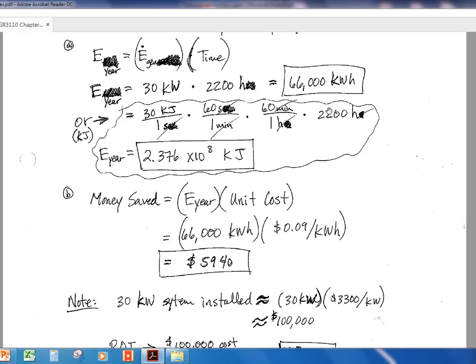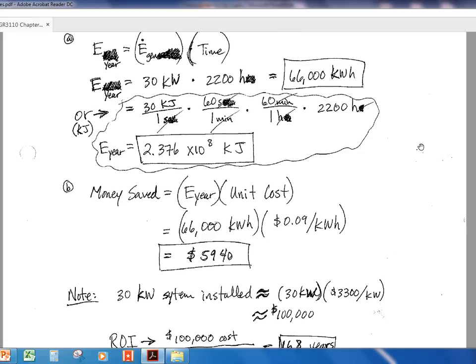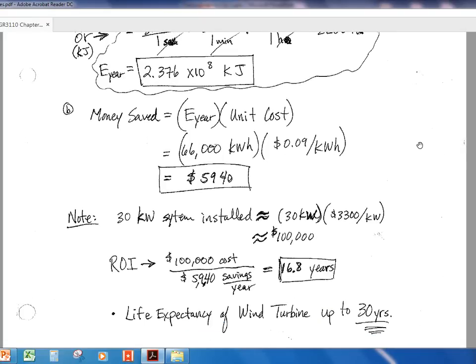So the minutes will cancel there. And we can multiply that by the 2,200 hours that the turbine is producing electricity each year, right? So the hours will cancel there, and we're left with units of kilojoules. So you notice here that the energy is 2.376 times 10 to the 8th kilojoules.